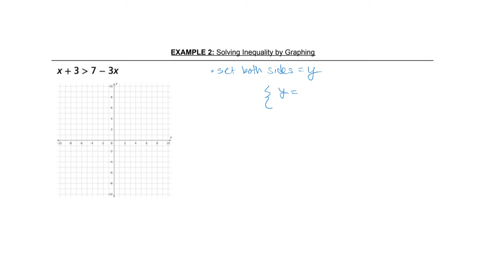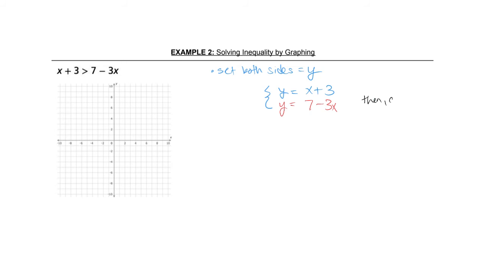So we get y equals x plus 3, and then we get y equals 7 minus 3x. Right, and then our next step is to graph them.